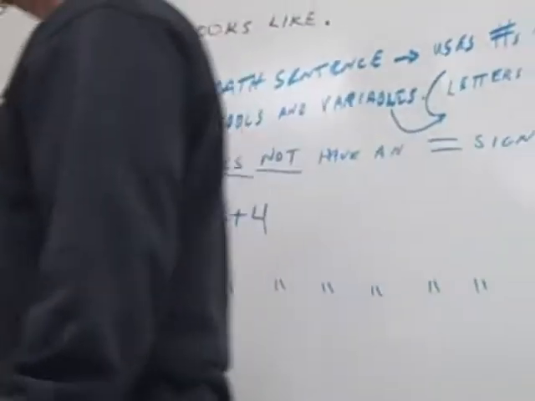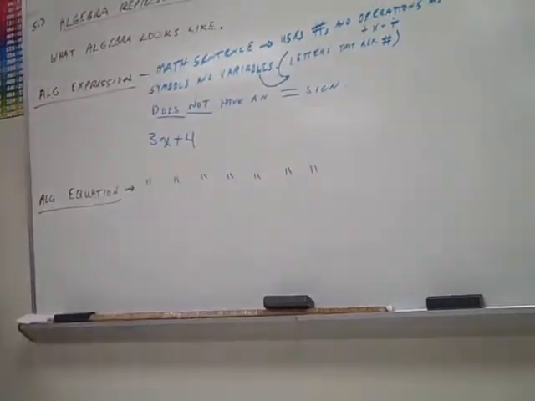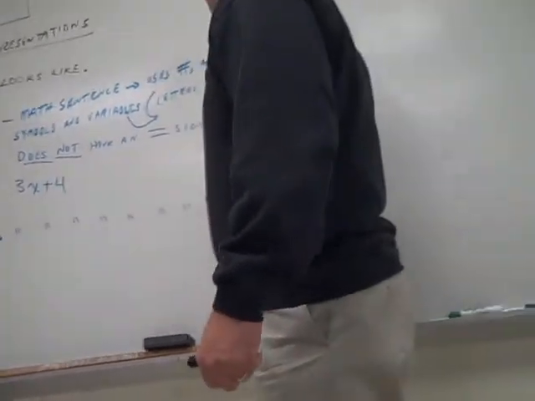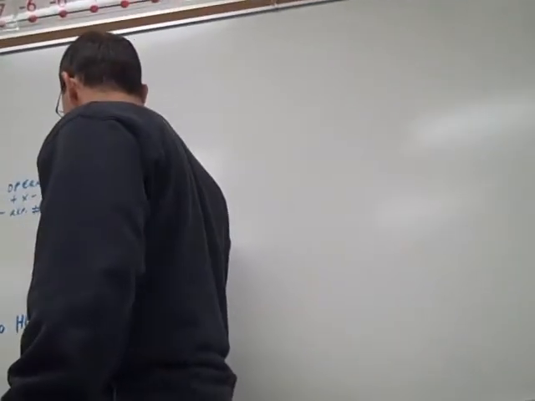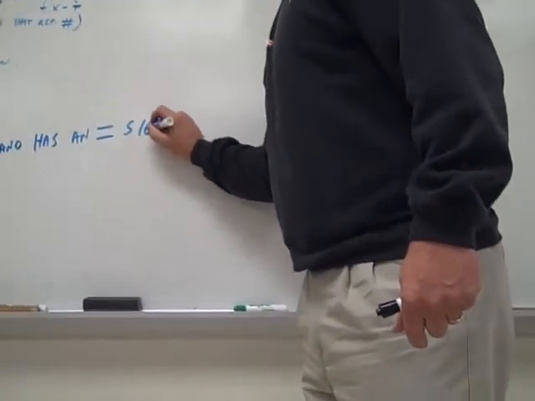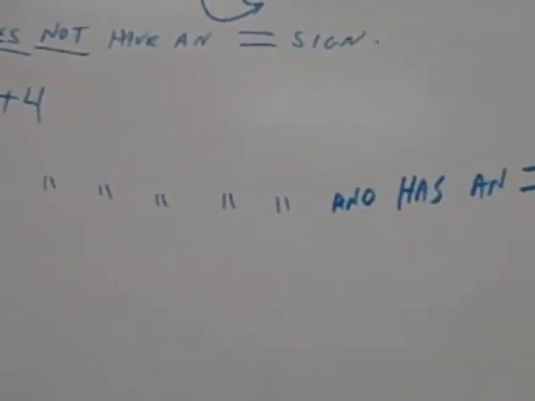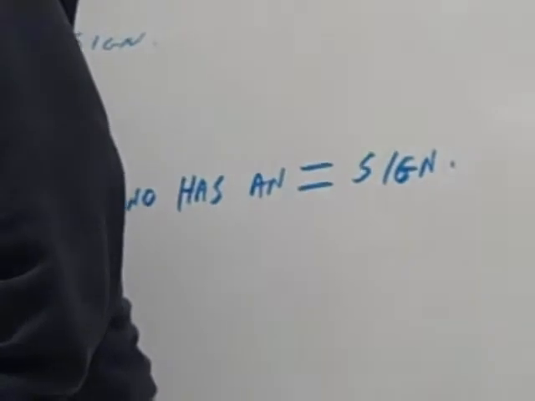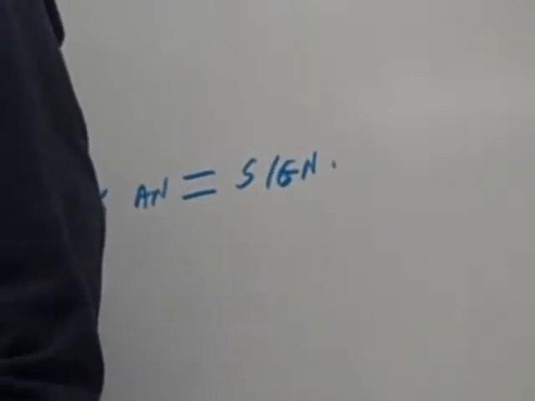An algebra equation has all the stuff that an algebra expression has, but it has an equal sign in it. Because what's the root word of equation? E-Q-U-A. The only thing missing is the L. Equation has an equal sign in it because the root word is equal.